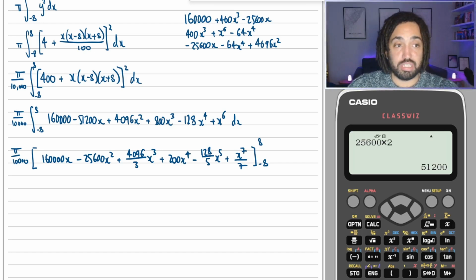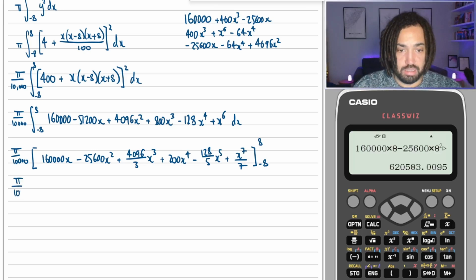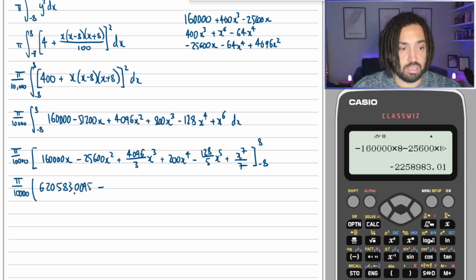Okay, so this is going to be done on the calculator. Okay, I've just put it all into the calculator, and for 8 we get 620,583.0095, and then I'll do the same for -8. Okay, just done the same by subbing in -8, and I get -225,8983.01.